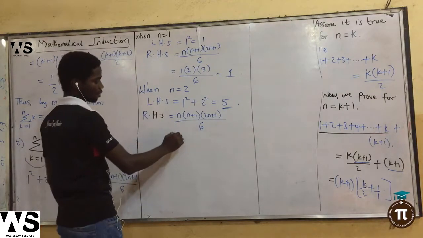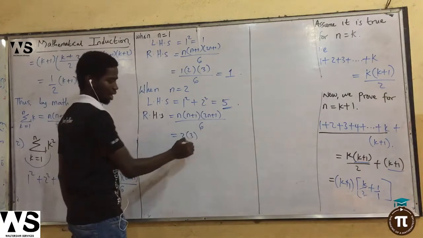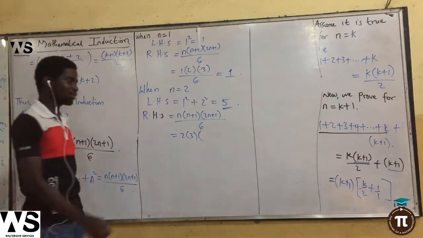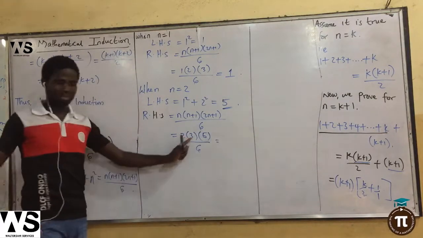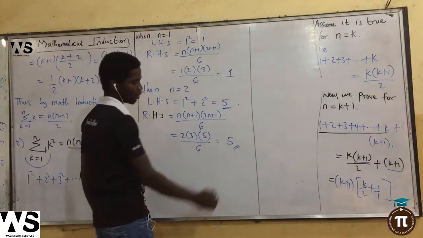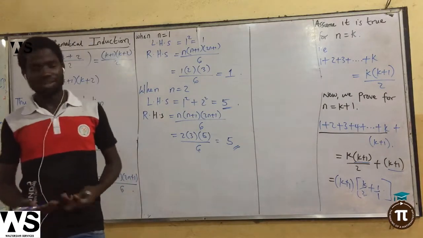What do I have? 2. Don't forget n is now 2. 2 times, you have 3, isn't it? 2 times 2 is 4, plus 1. Divide 6. 2 times 3, this cancels 6. You have 5. Or you have 30 divide 6. The answer is 5.